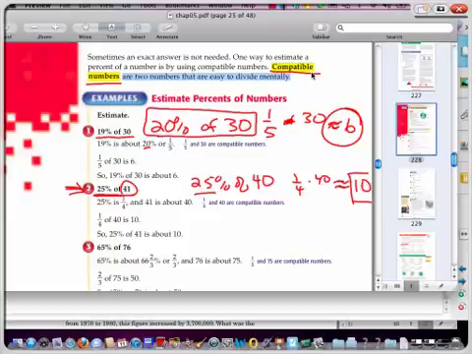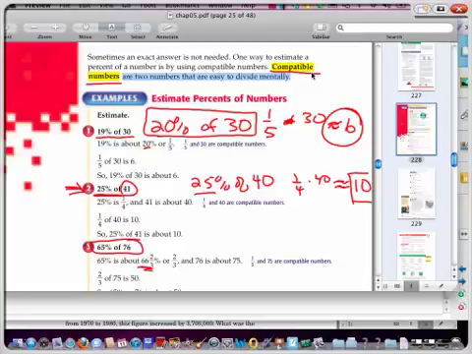Now this one's a little more challenging. Let's take a look at this one. If we take a look, 65% of 76. Now 65 ends in 5, but I don't know a good fraction for 65, but it is close to 2/3.